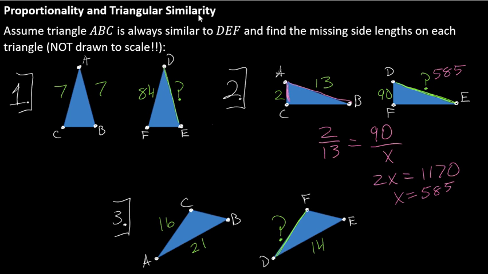And this answer should make sense, right? Because if we look at this, this is dilated by a scalar of 45. So 2 times 45 gave us the 90. 13 times 45 gives us, you guessed it, the 585.